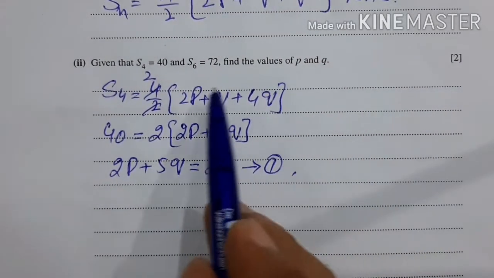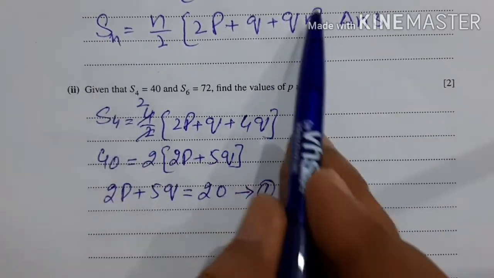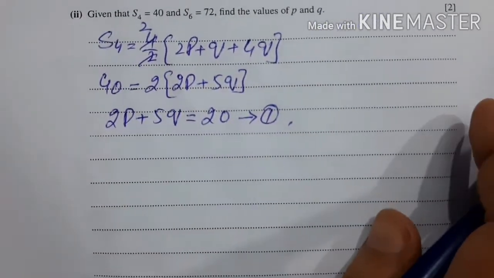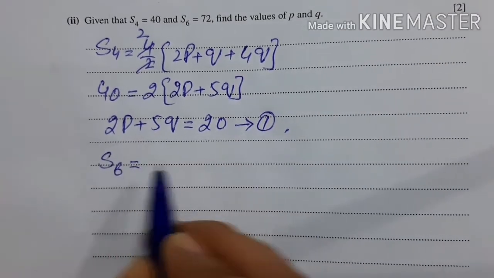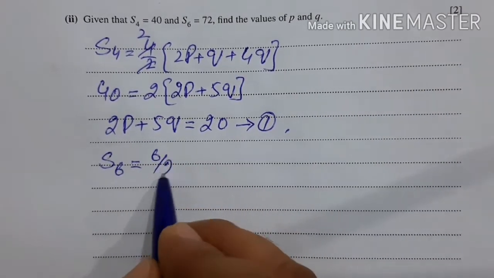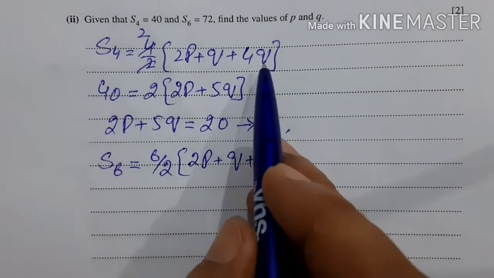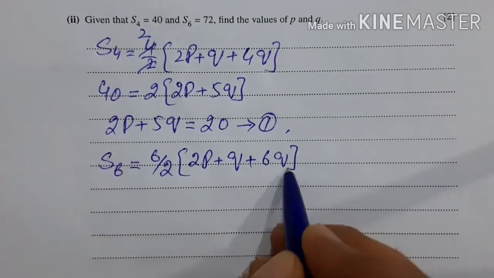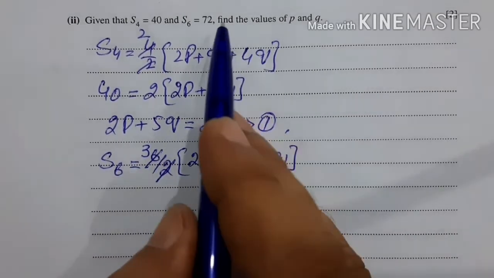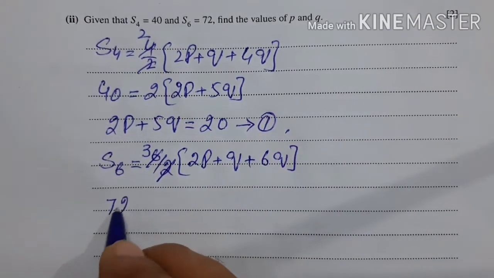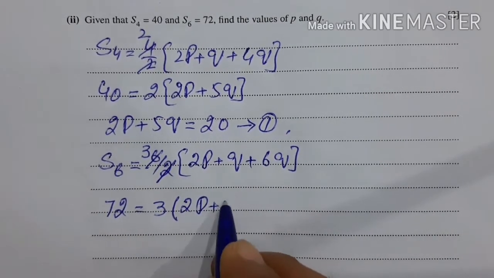Now again, S6 is 72. For S6 we'll put n is equal to 6. So S6 is equal to 6 by 2 into 2p plus q plus 6q. This will be 3, and the value of S6 is 72, so 72 is equal to 3 into 2p plus 7q.